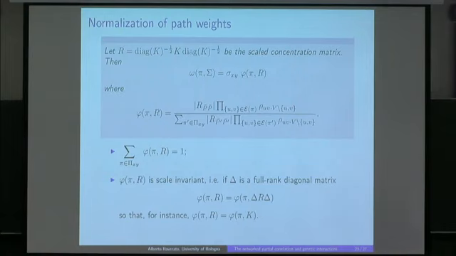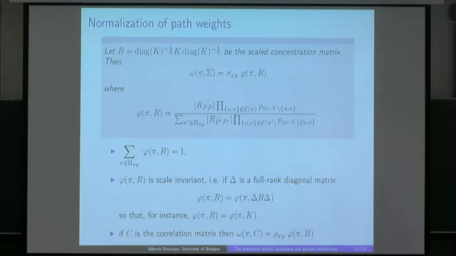So this is a normalized quantity, and for instance, it also shows that if I compute this weight, and instead of sigma, I put C, that is the correlation matrix, what I obtain is the correlation times this phi. This phi is always there because it is normalized, doesn't change. So we can normalize the path weight, computing it as a function of the correlation or of a scaled covariance matrix, or we can just normalize the covariance here, and we obtain the same quantity.